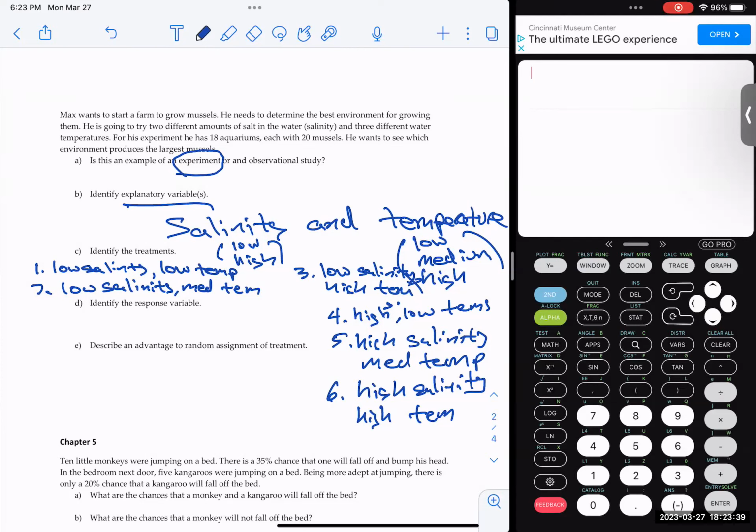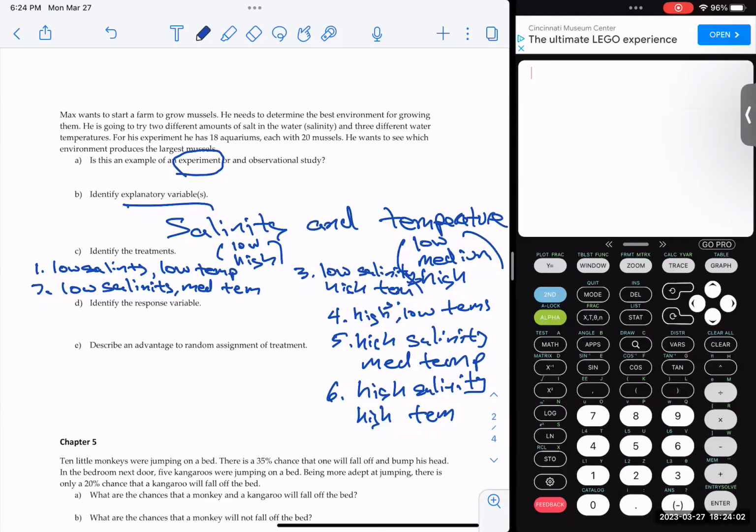So a control itself, we would see as a treatment, like if you give a placebo. Well, sometimes it is. In this case, I wouldn't just leave those empty. What else could I do with them? It's a good idea. So we could just do this with six aquariums and just let the other 12 hang out. But what else could we do?